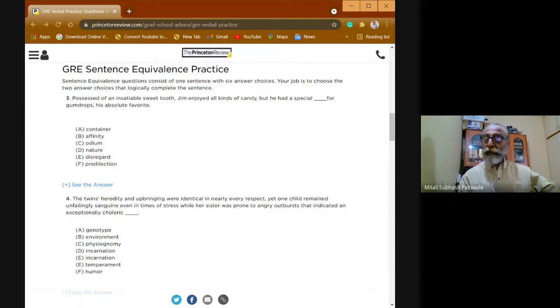So when a noun is plural, ending with the letter S, for possessive denotation we will not put S again. But if a noun or a word is plural and not ending with S, then we put the apostrophe S to make it possessive. So here, twin is singular, twins is plural, and it is ending with the letter S.